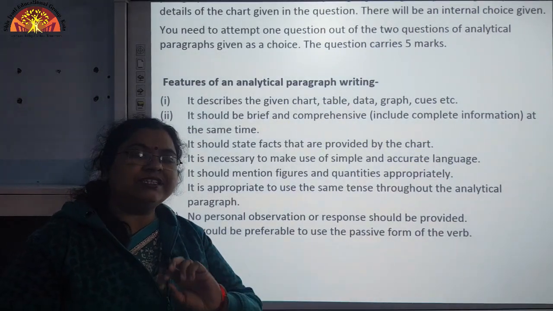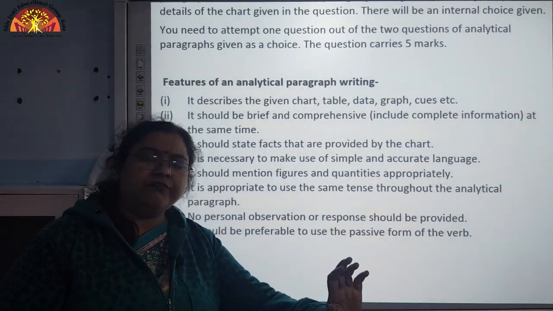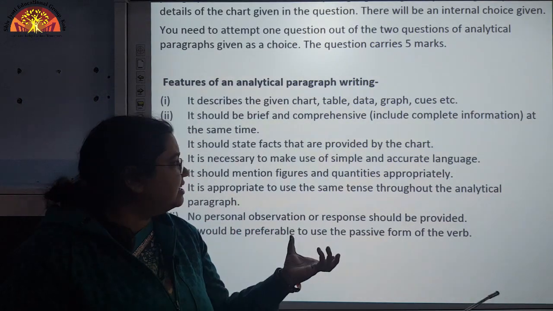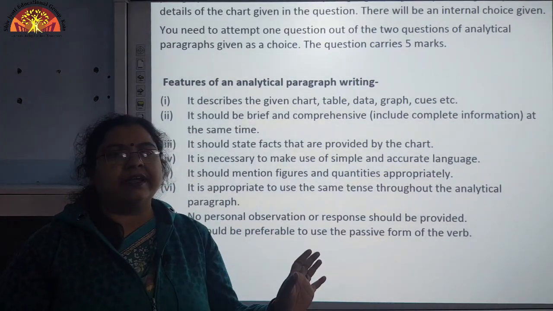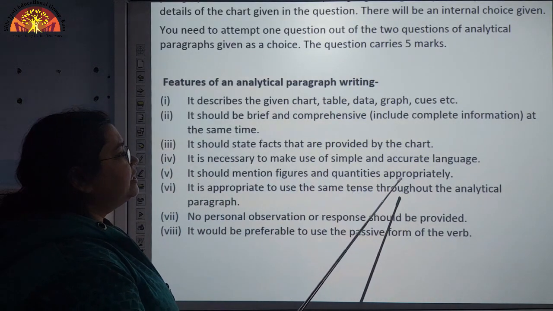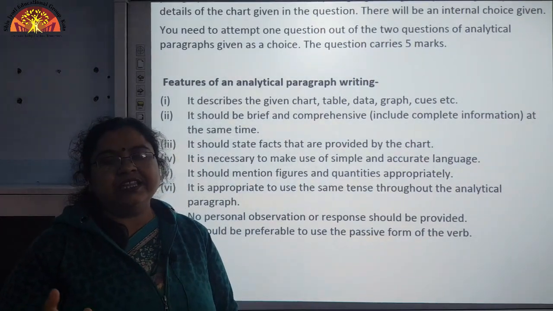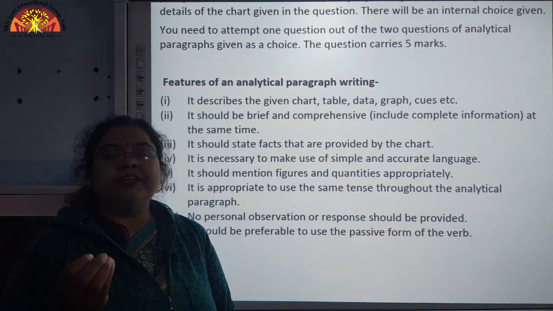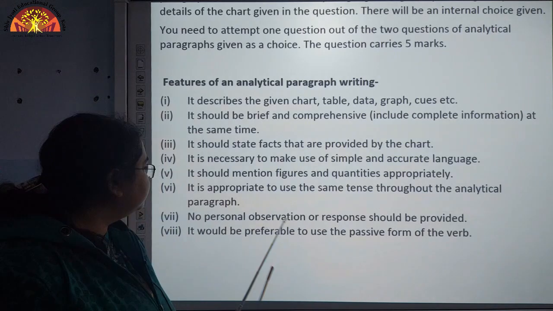The sentences should be very simple, just follow the information and describe it well in a simple sentence, and it should be accurate. Grammatically, it should be a correct sentence. It should mention figures and quantities appropriately. There should not be any deviation in the figures, decimals, or units. So it should be appropriate data which is used.